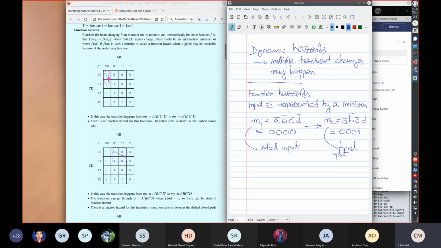Only this part is changing. It's a monotonic change.